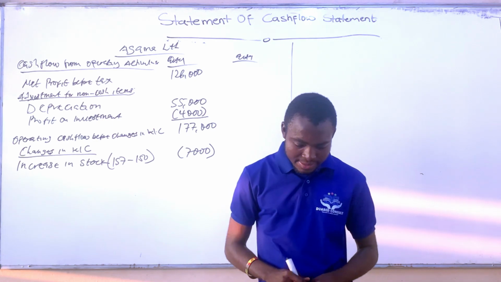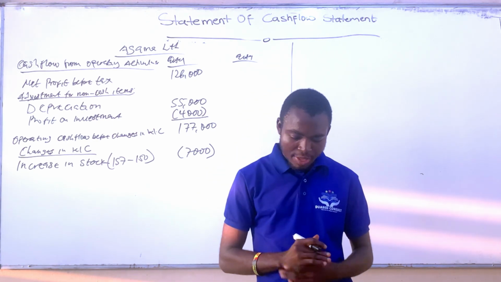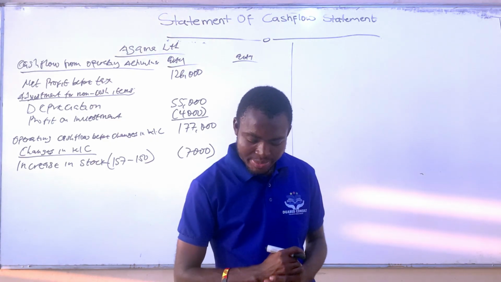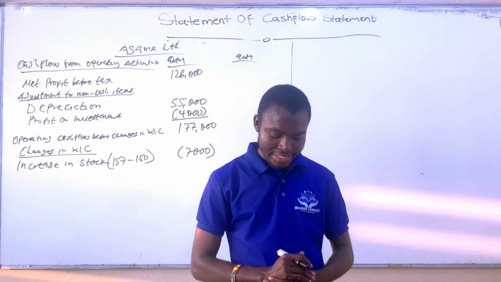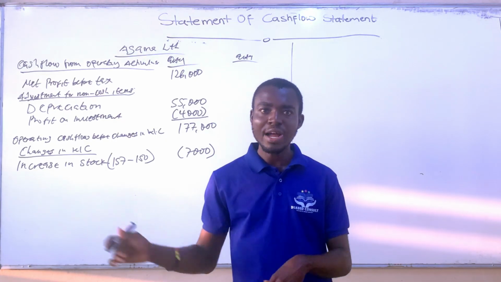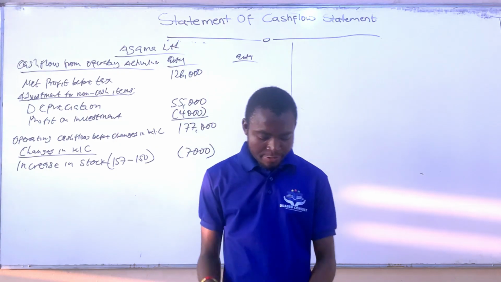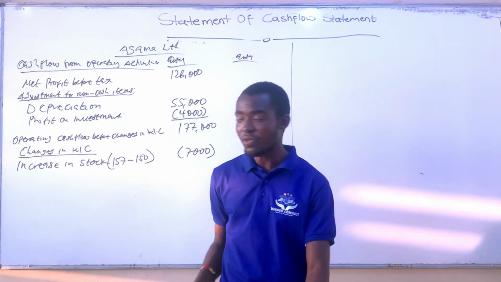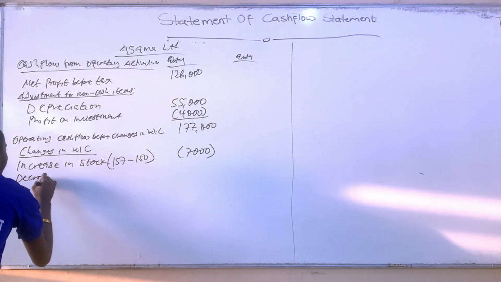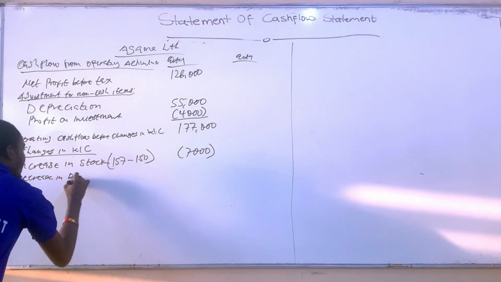The next current asset is debtors. For debtors, 2007 is 120,000 and then 2008 is 96,000, which means there is a reduction in debtors. It means you have received money, so you add. The difference between the two figures gives us 24,000. So, decrease in debtors.